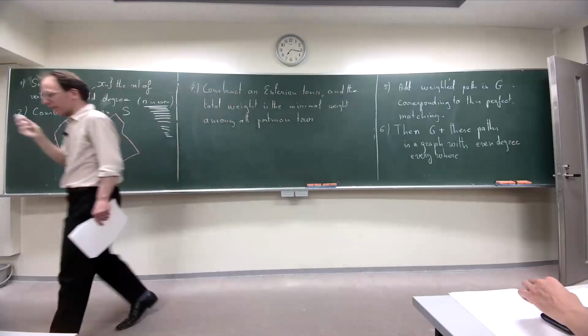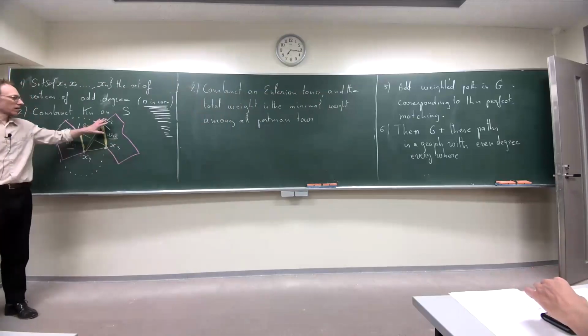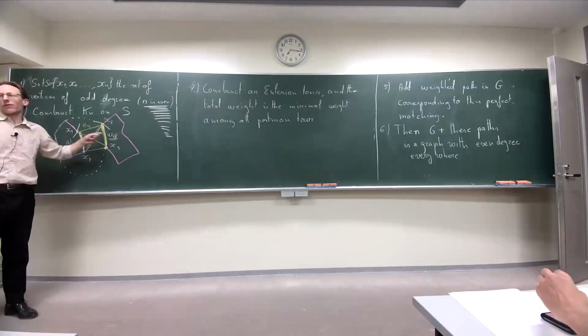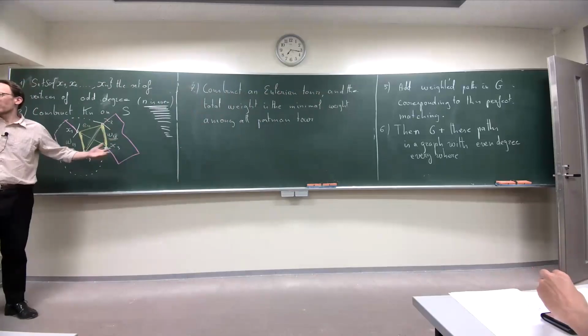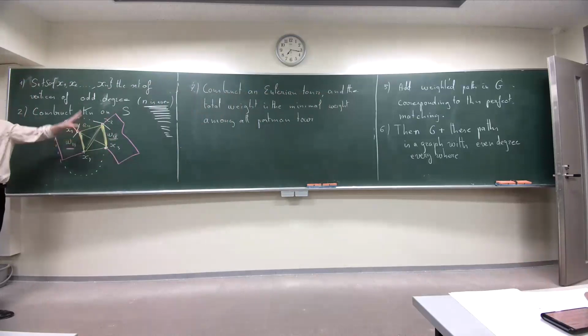And this is clear. By this construction, you have constructed the best path where you have to come back with a minimal weight. So think about it, it's quite clever. You want to construct an Eulerian tour, and for this, you couldn't do it at the beginning because you had vertices with odd degrees, so you add paths, but you choose these paths with a minimal total weight.